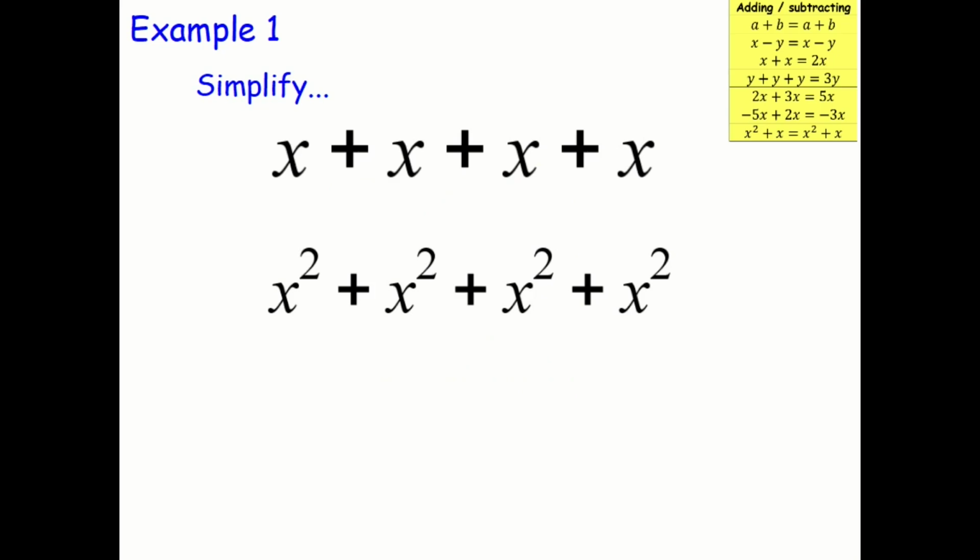What I've done here is I have given a recap of what we did in the first video. So in the first video, we looked at things like what I've highlighted in yellow there. And from that, we got 4x. Okay, that simplified to 4x. Why was that the case?